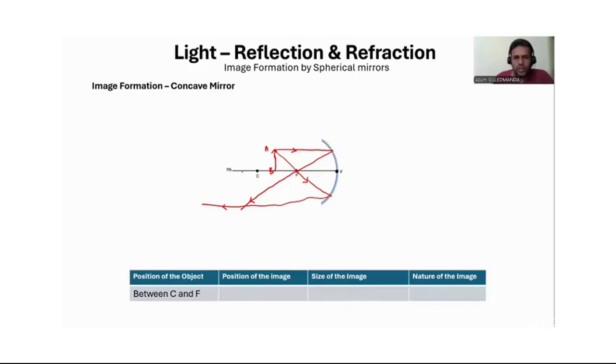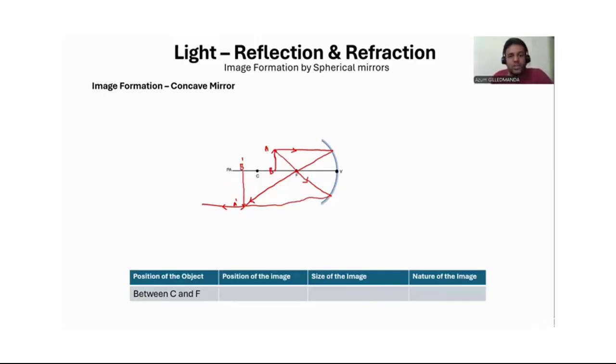So what is happening here? This is our A dash B dash. So this is A dash and this is B dash. When the object is between C and F, we are getting an image that is beyond C. And what is the size of the image?